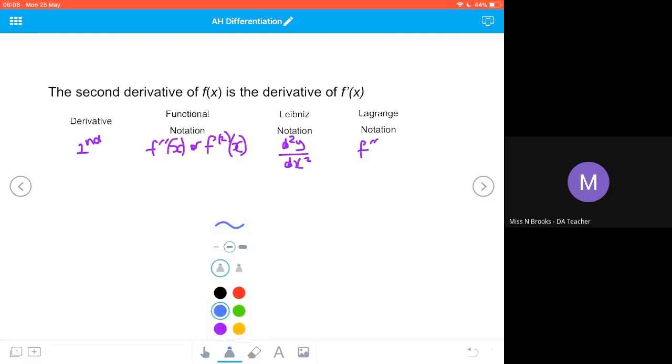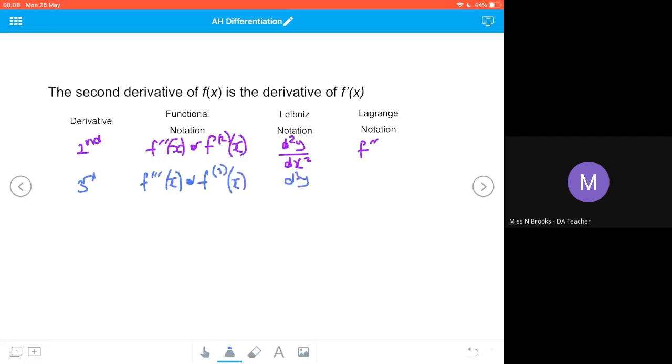Our third derivative in functional notation is f triple dash x, or f(3)(x). In Leibniz notation, it's d3y by dx cubed, and in Lagrange notation is f triple prime.